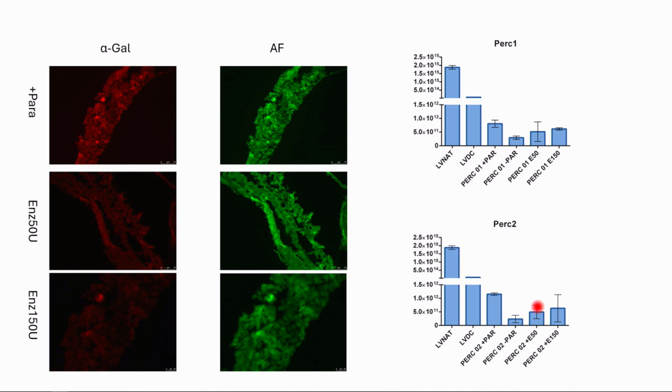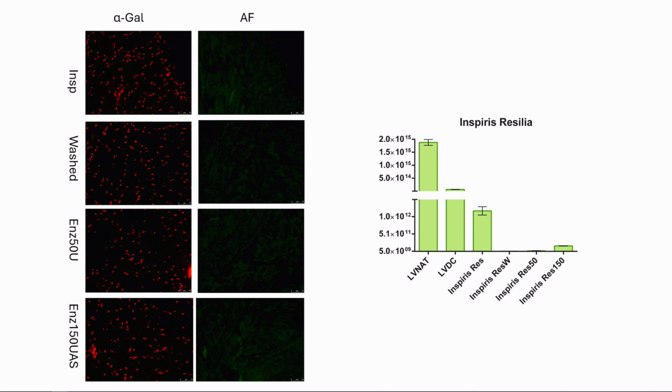We saw the same phenomenon in the ELISA results. Then the Resilia one was really resilient. It was not very good news: using the same range of enzyme concentration as for the other samples, we did not see a very significant reduction after treatment.